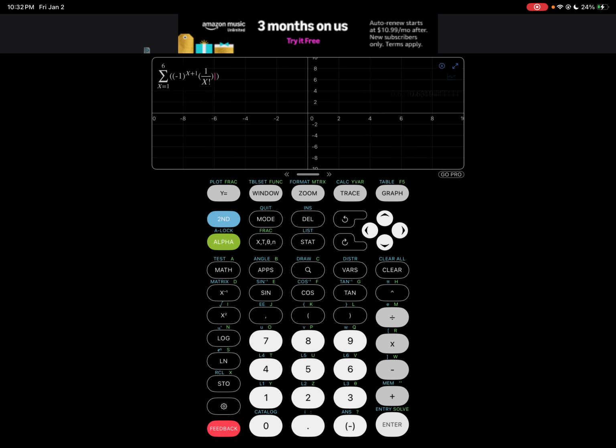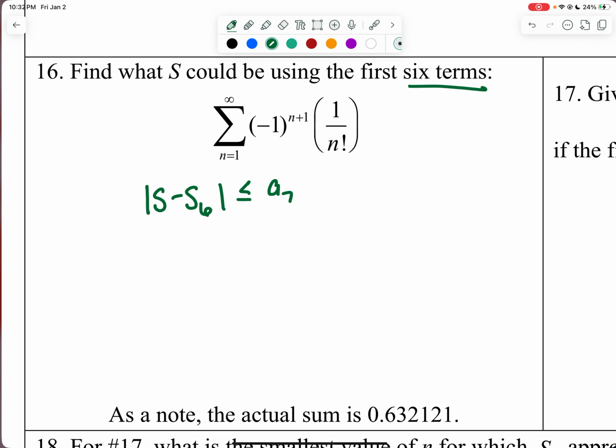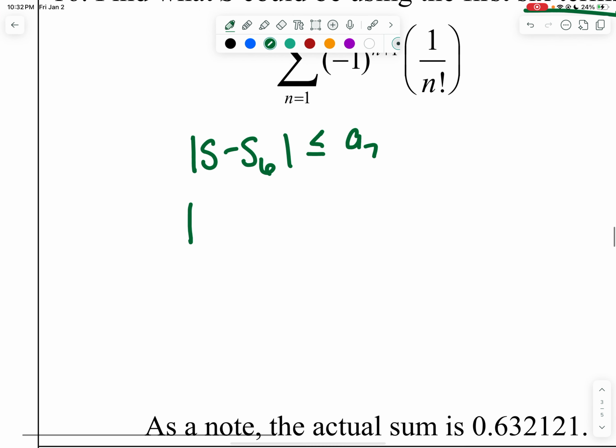Close that. And that gives us our sum of 0.6319444444. So we have 0.63194.